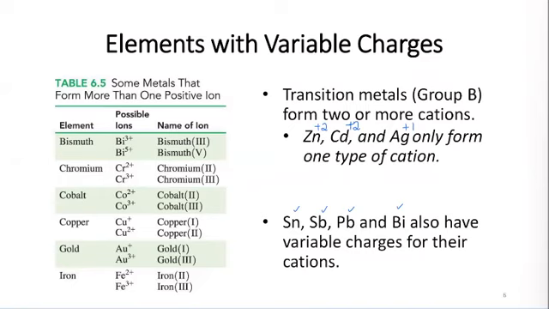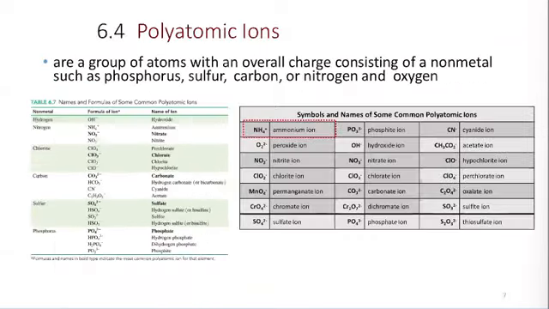Now, I introduced to you a few moments ago that nonmetals are going to make anions. Understand that there are other anions and cations that we have in chemistry, and those come from polyatomic ions.